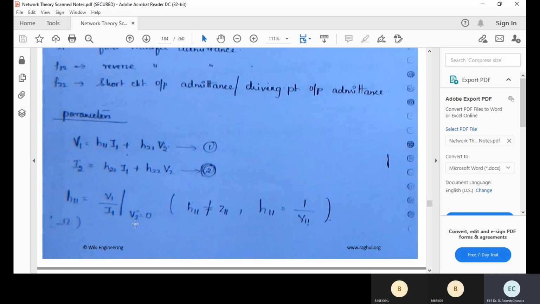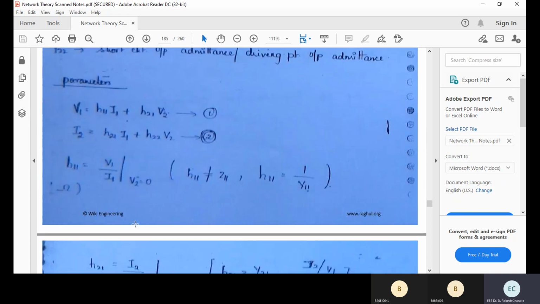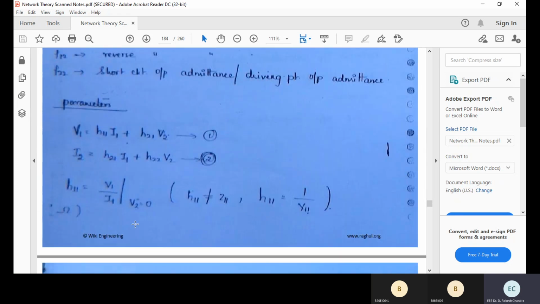It should not always be V1 by I1 or I1 by V1; it may be a mixed combination, which is called a hybrid combination. Nowadays we call them hybrid vehicles. What do you mean by hybrid vehicles? A combination of conventional and renewable. Hybrid means mixing.